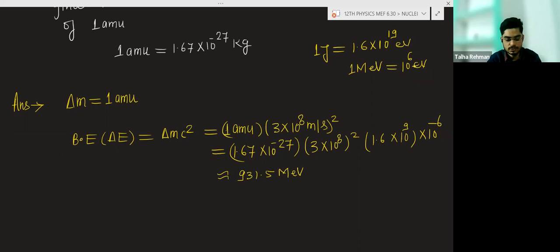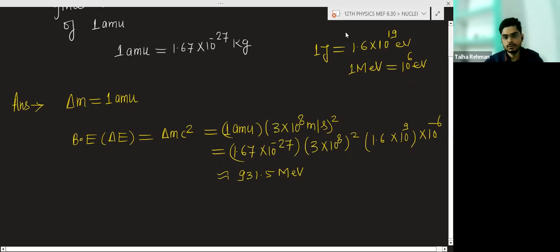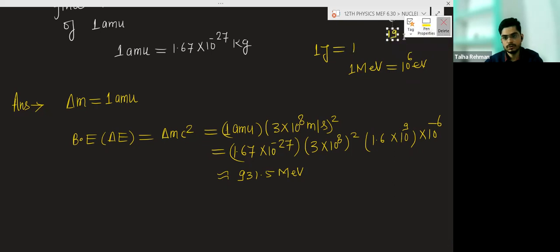Okay, a minute. Actually, in 1 joule there will be 6.242 into 10 to the power 18 electron volt.